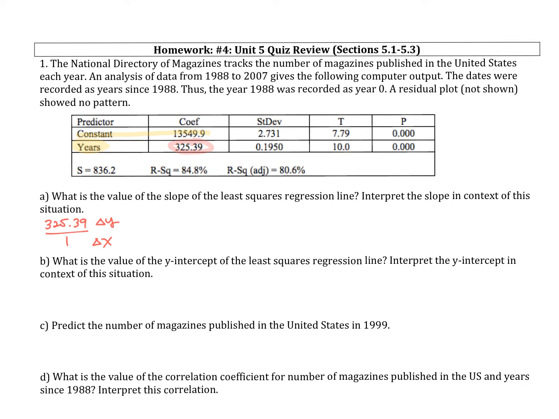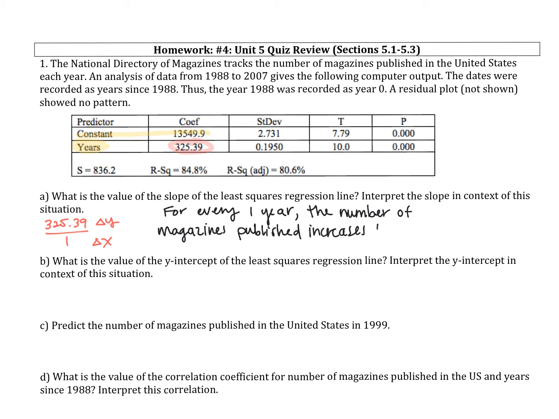So for every one, x is years, year, for every 1 year or every year, the number of magazines published increases by 325.39. And don't worry that it's a decimal, that's okay.